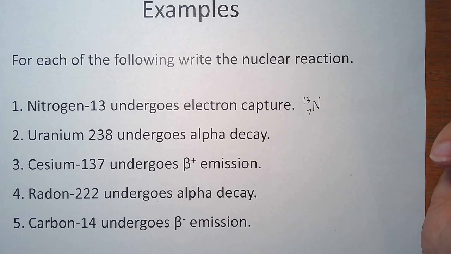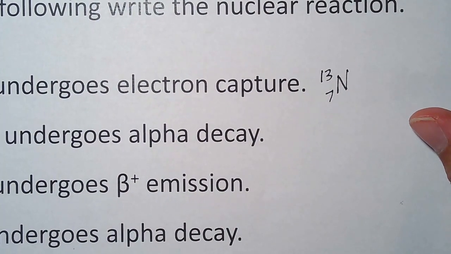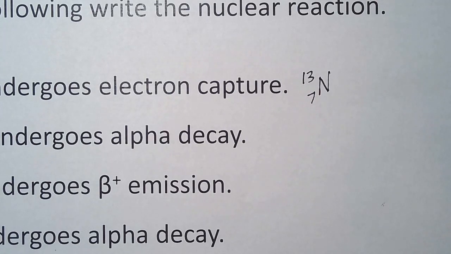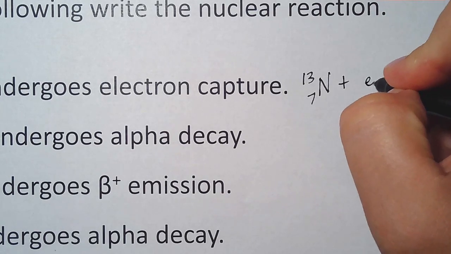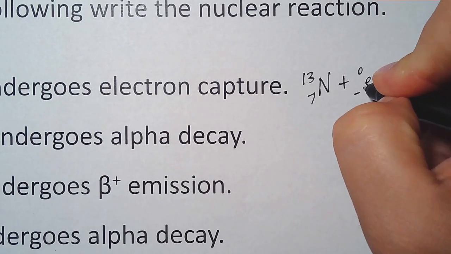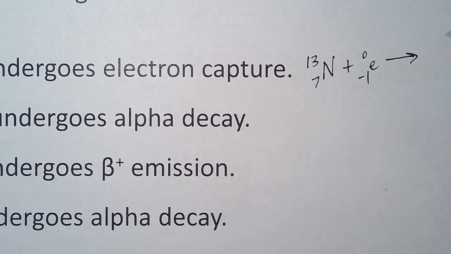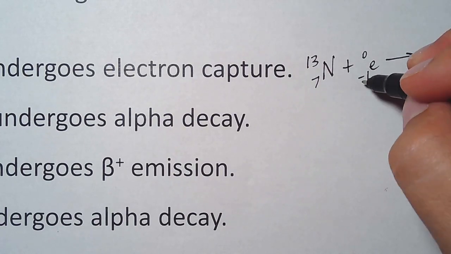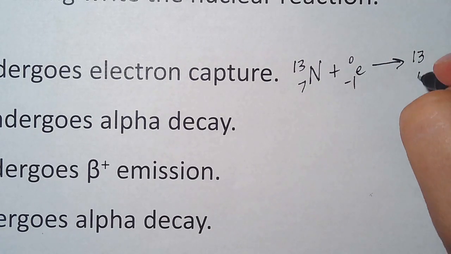Electron capture is the weird one, where we have an electron, no mass, -1 charge, interacting with a proton in the nucleus to form a neutron. So this keeps our mass the same, but we're losing a proton because it's interacting with the electron, which means our isotope changes down to 6 protons, which would be a carbon.